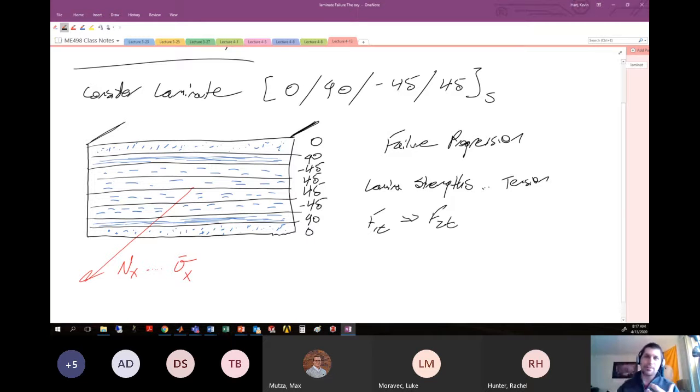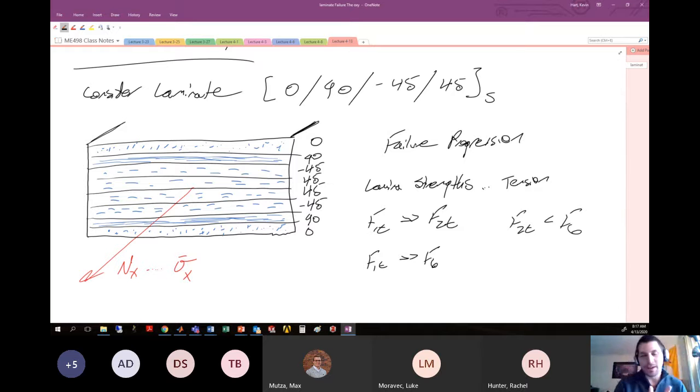So I can hold a lot more load in the one direction than in the two direction. And F1T will also be way, way more than F6, and F2T is going to be slightly less than F6, usually, if I'm talking about lamina failure theory.